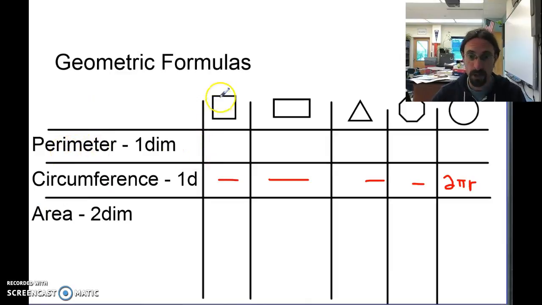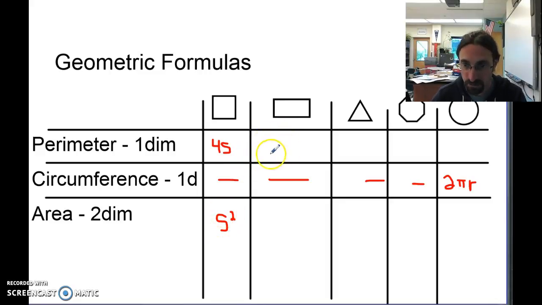So when we talk about perimeter, let's go through this. A square, of course, you add all sides of a square the same. So if you want to know the perimeter, it's just 4 times the side length. And if you want to know the area, of course, it's just side times side, which is better known as side squared. This is supposed to be an S, not the number 5.